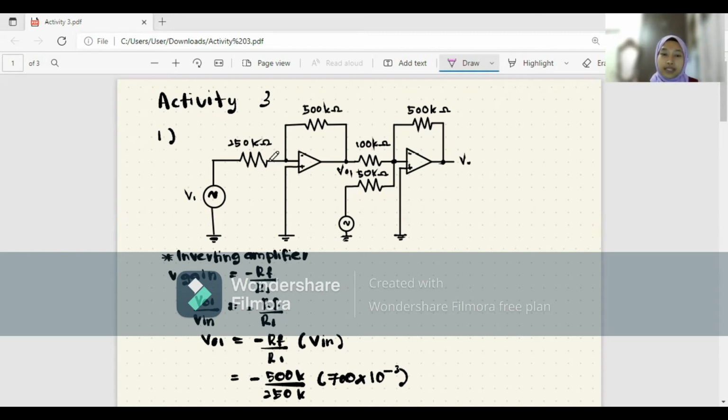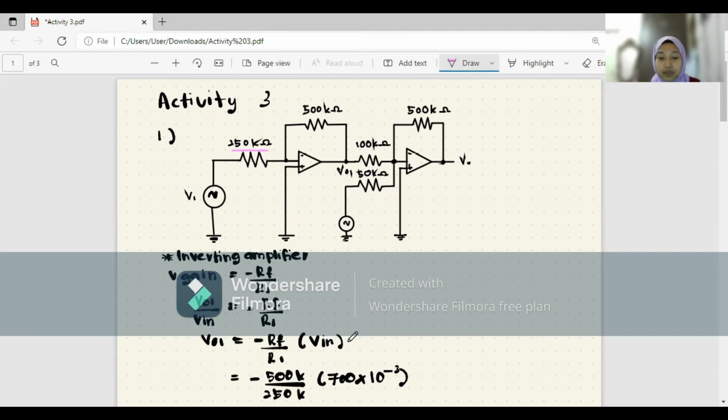From this picture, we are already given the Rf, which is 500 kilo ohm. So we can just substitute the Rf, and then we also have the R1, which is 250 kilo ohm. Just substitute into the R1 here. And then Vinput, as mentioned before, we already know that Vinput, which is V1, equals 700 millivolt.